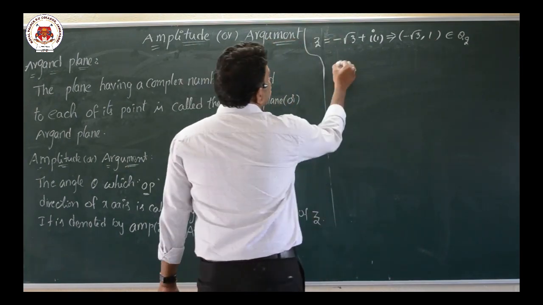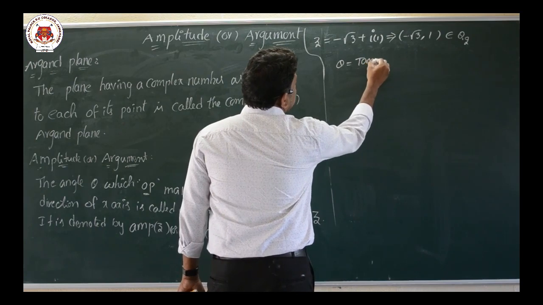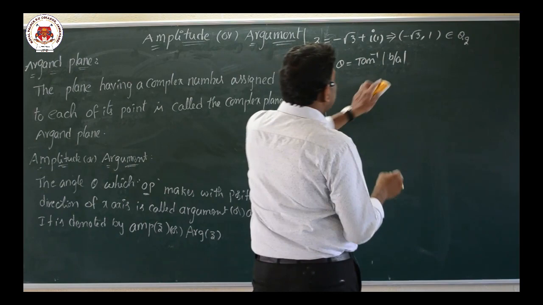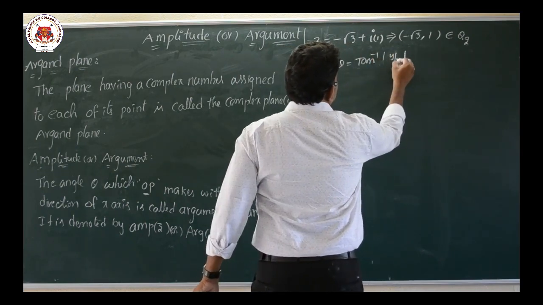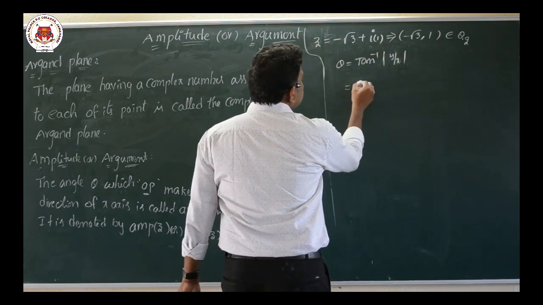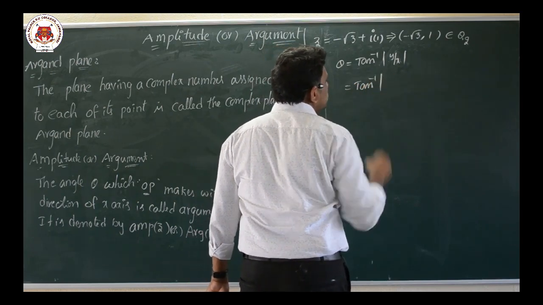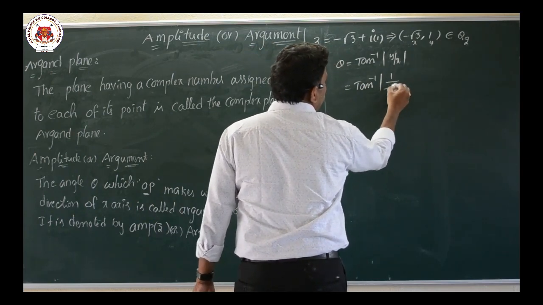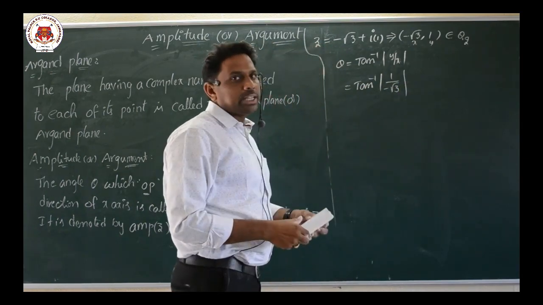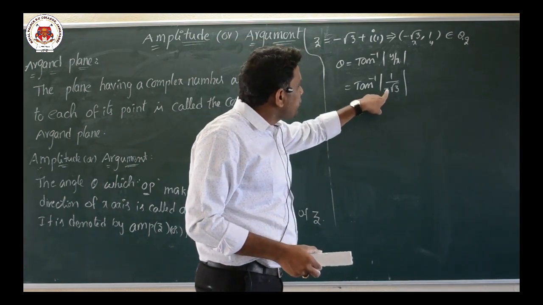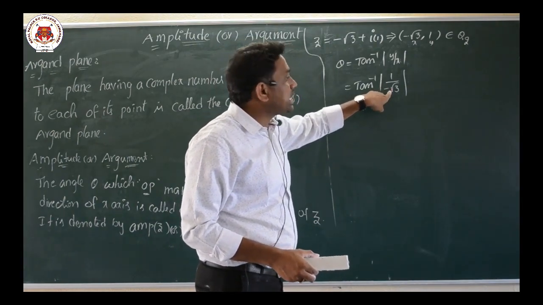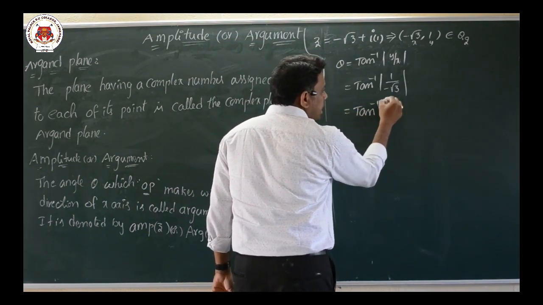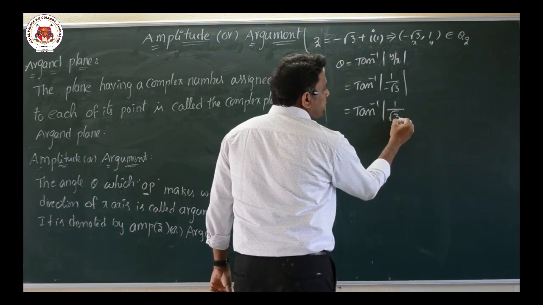First we have to find the theta value. What is the theta value? The theta formula is tan inverse of mod of y by x. Now if we substitute, tan inverse mod of 1 by minus root 3, where this is the x and this is the y. As I said, modulus means if there is a negative value inside the modulus, it converts to positive. So the answer is tan inverse mod of 1 by root 3.